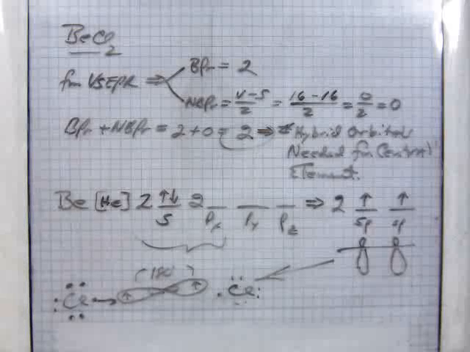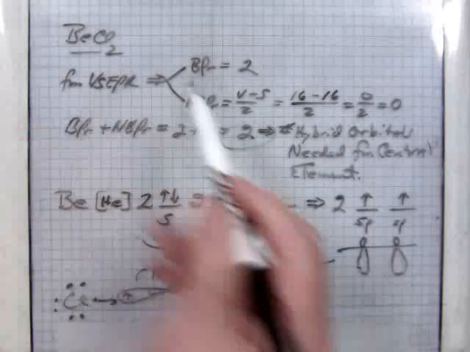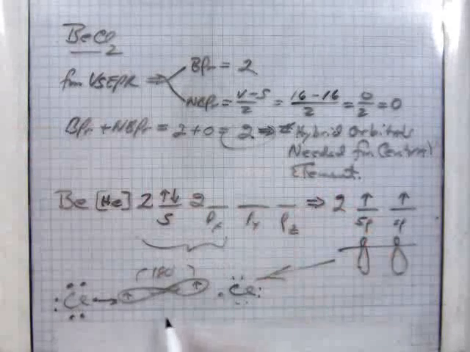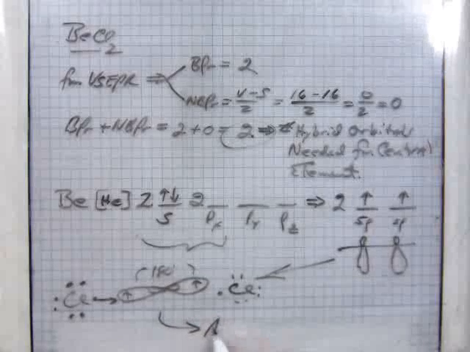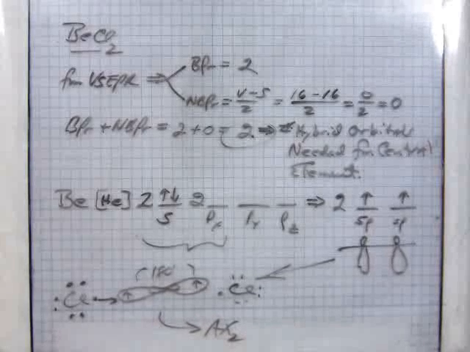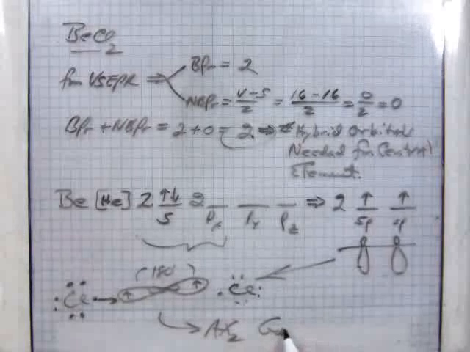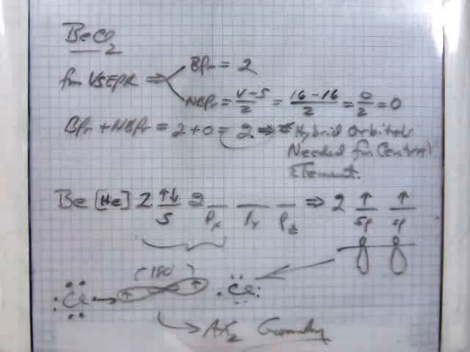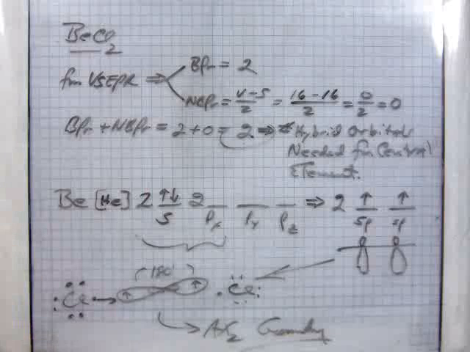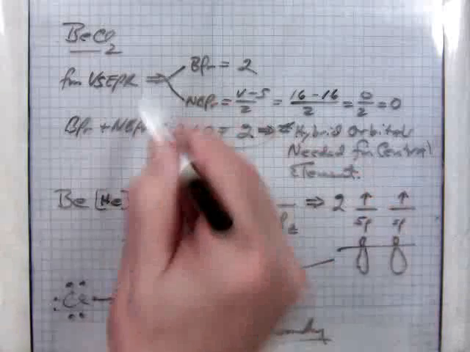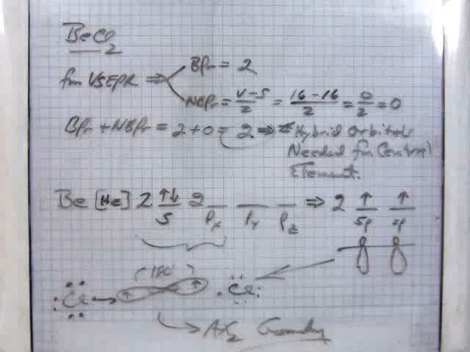Since you're using two hybrids, it would assume a position in space like we just defined, an AX2 geometry. Like that. Okay, to see how this is repetitive in making the analysis, in writing out how many hybrids you need and relating it to the VSEPR, we'll keep going and you'll see the repetition.